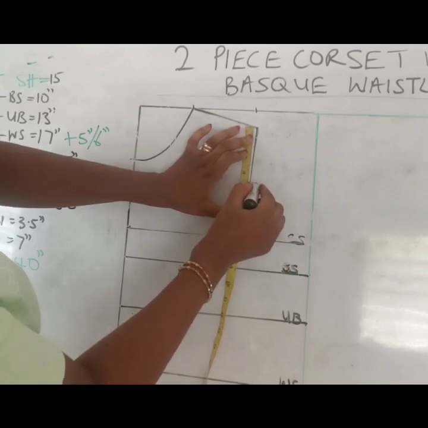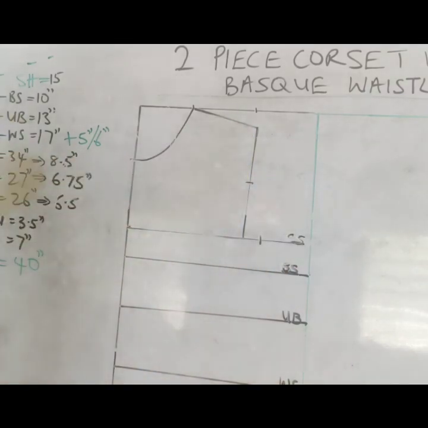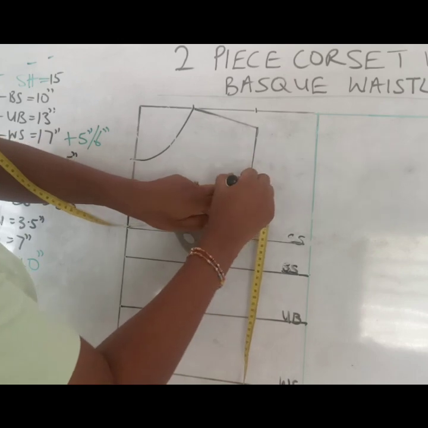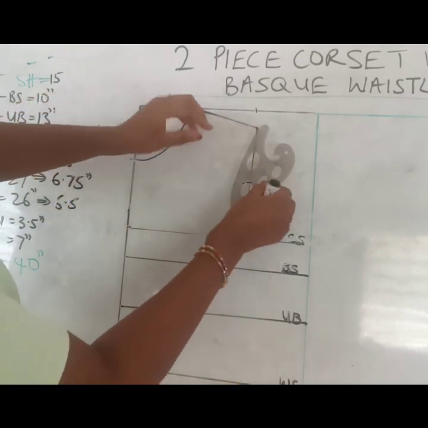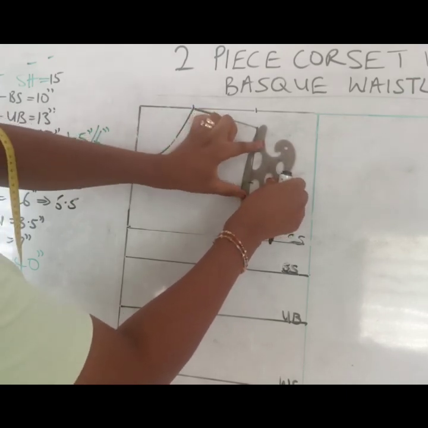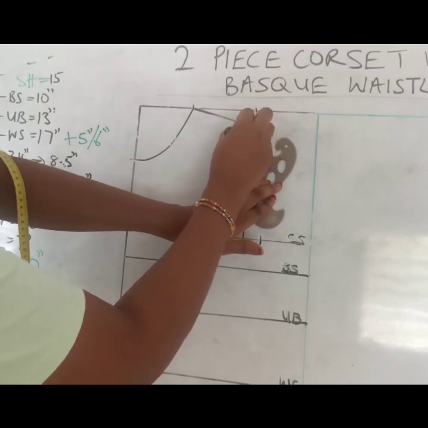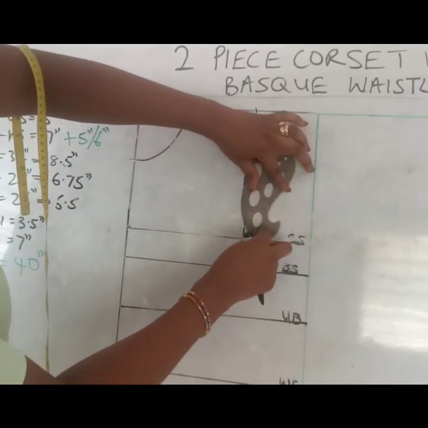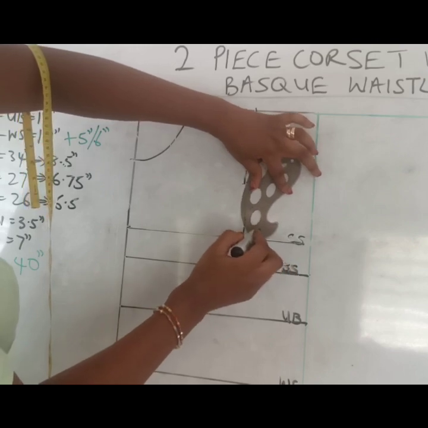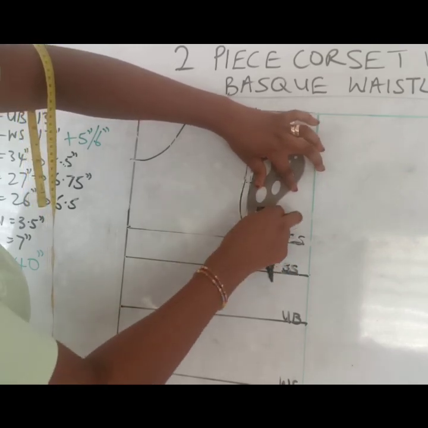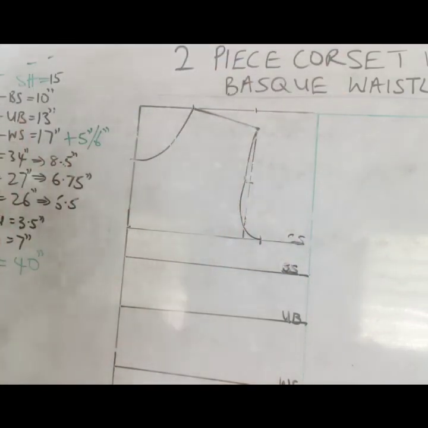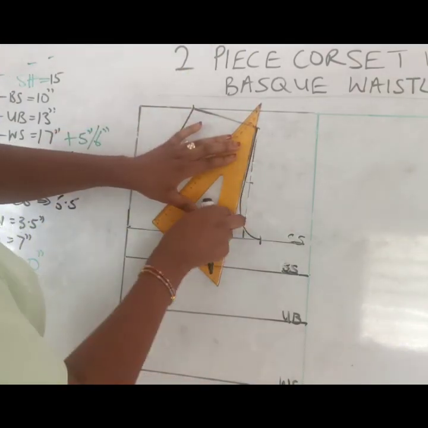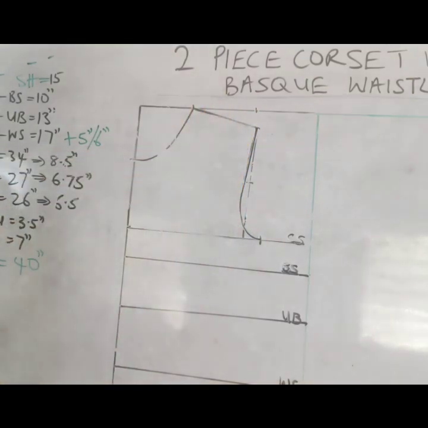This is 7, we get the midpoint, and then we use our French curve. We come in by 1/2 inch. With the help of the curve, first of all connect the beginning to that point. So that is our armhole.